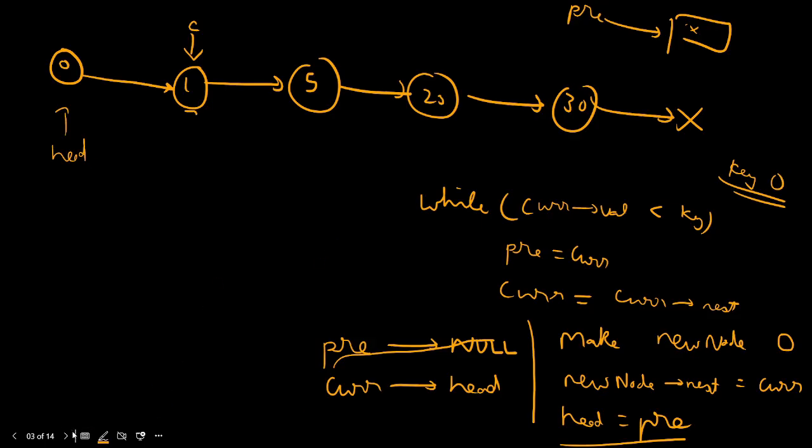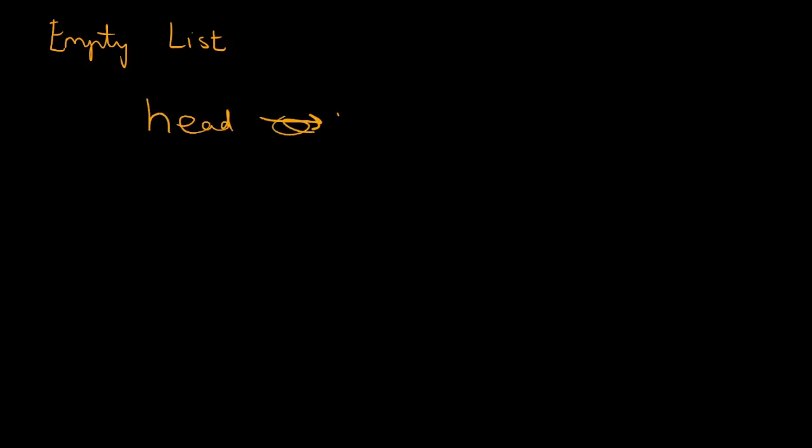So now, what if I have to handle insertions in an empty list? So now I have an empty list. My head itself is null. Empty list matlab there is nothing. Head itself is null. So I'll just add an if condition. If I have to insert our number x, I can directly do it.